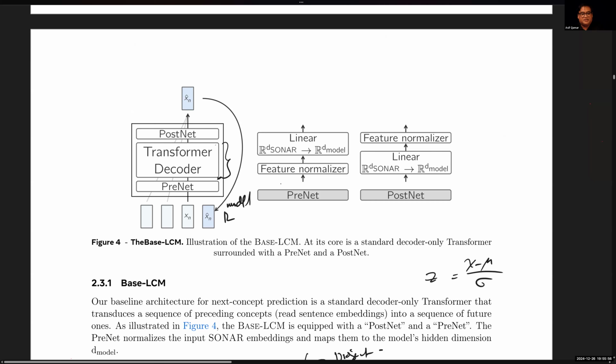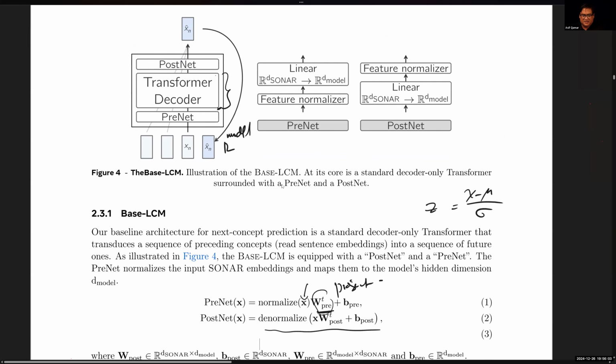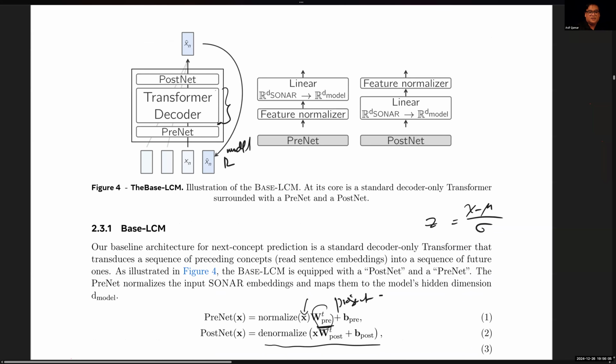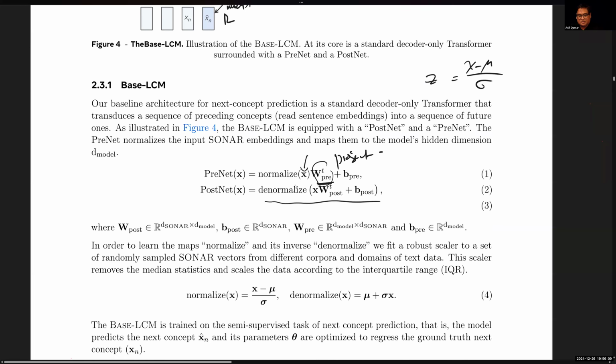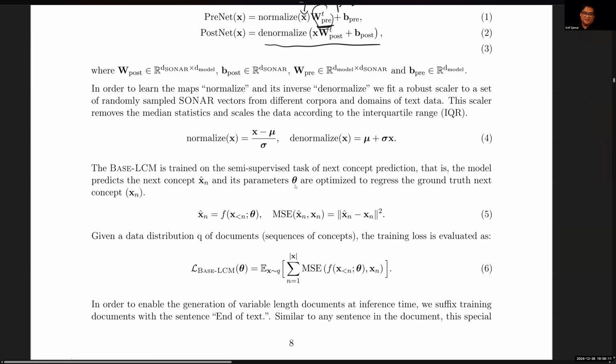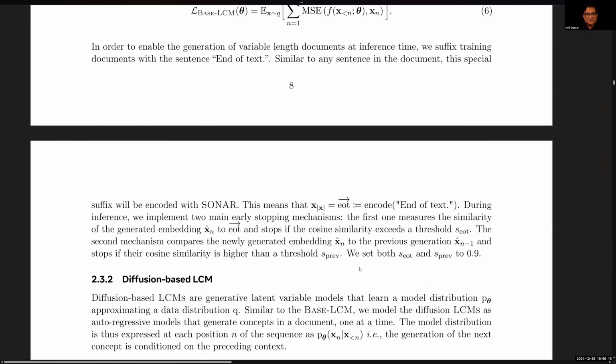And so you can give it a sequence of concepts and it will produce the next concept. This is pretty much it. There is nothing very complicated about it. It's your standard transformer decoder and it's an autoregressive model. So this they call their base LCM. The loss function, as you can imagine, is a mean over all of their generations and instances, nothing unusual.